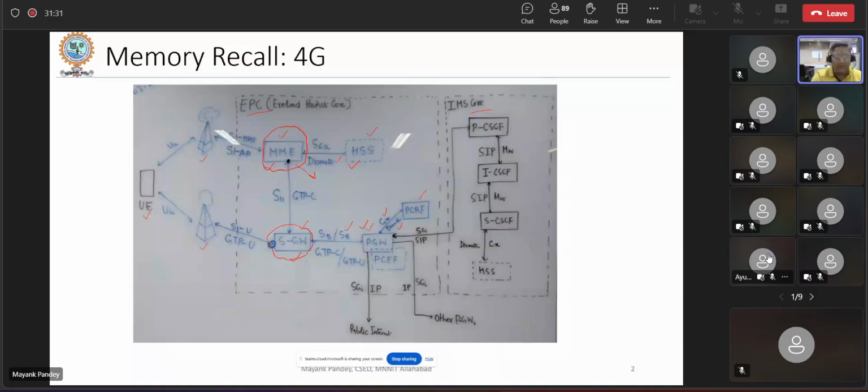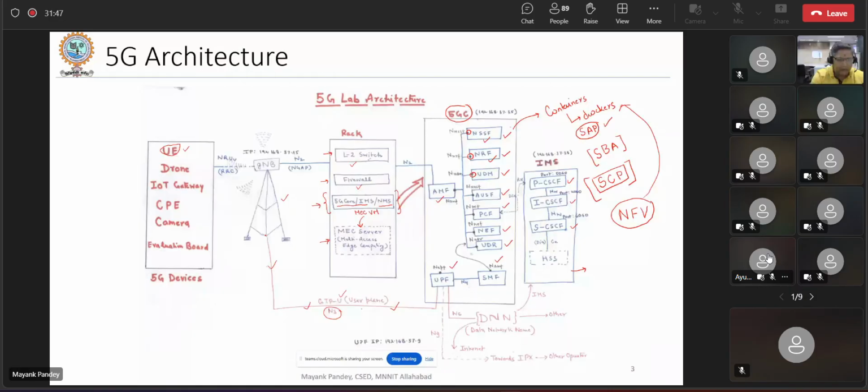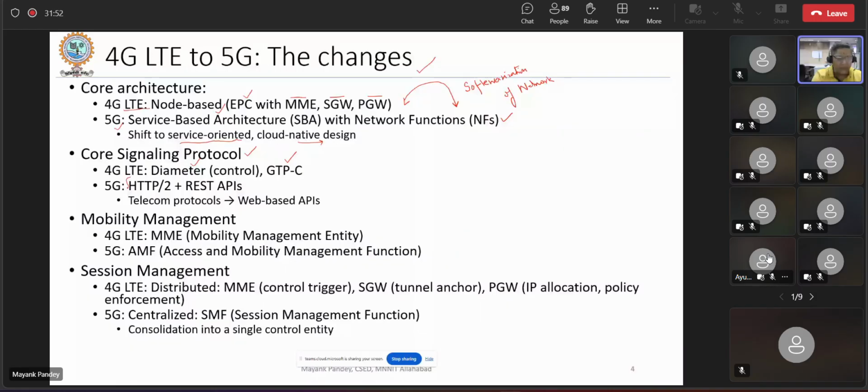MME used to talk to HSS using the Diameter protocol. There were protocols like S1AP, and GTPU was a user plane protocol we were using at that time. Now this has been replaced by a plain interface which is based on HTTP version 2 and having REST API. Now if you don't know what is REST API, REST is nothing.